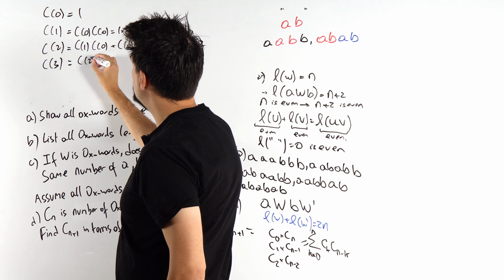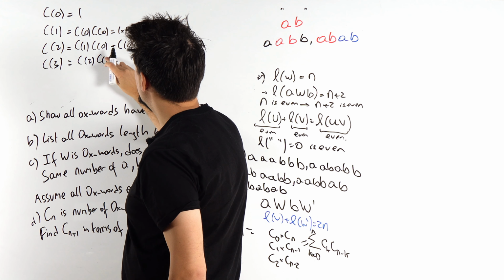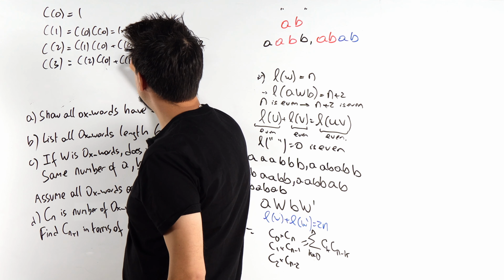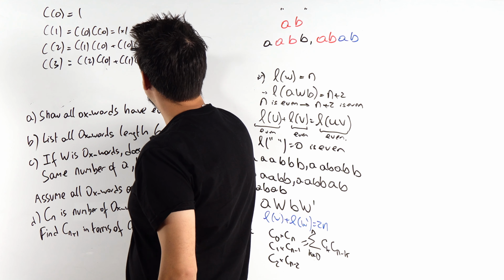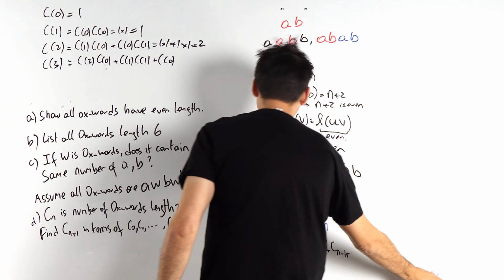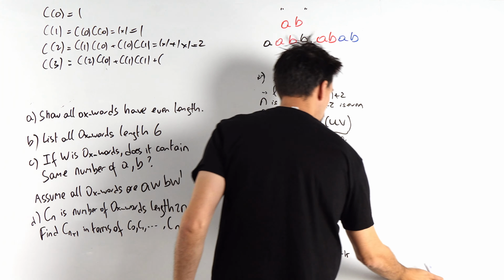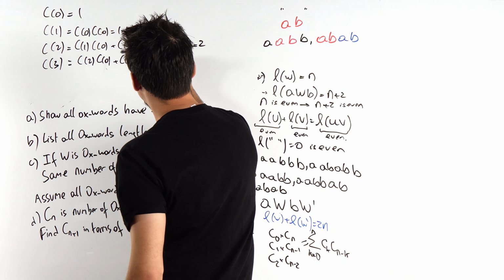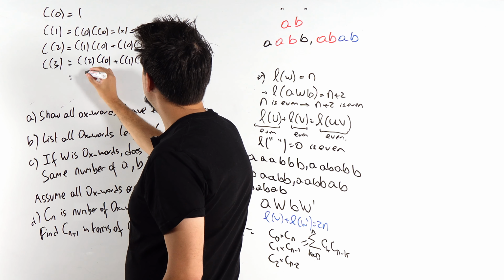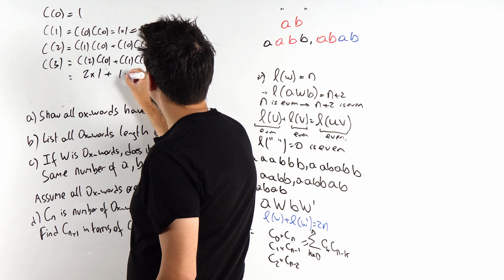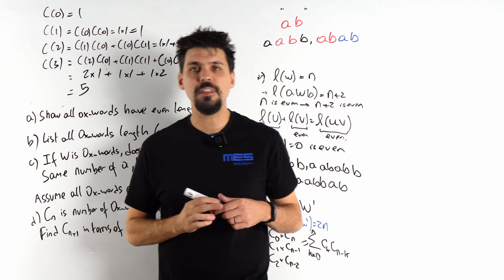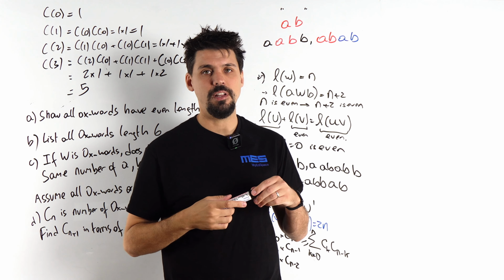So I've got C0 C2, plus C1 C1, plus C2 C0. I won't lie, my C's and my brackets are getting very close together. That is 1 times 2, plus 1 times 1, plus 2 times 1, which is 5. And that confirms what we found just by trying to generate them.